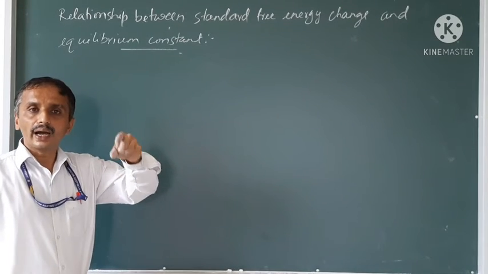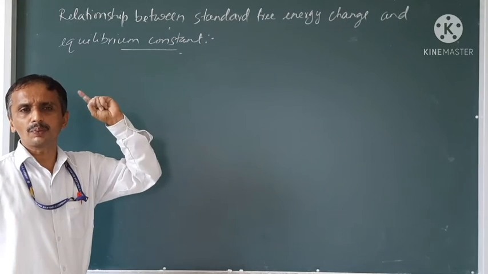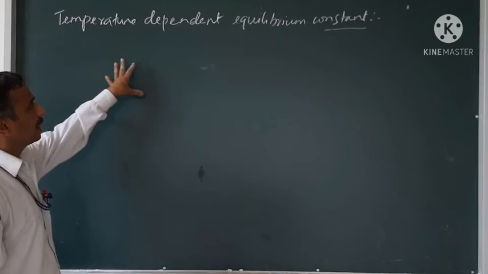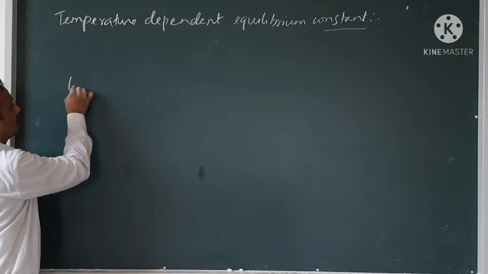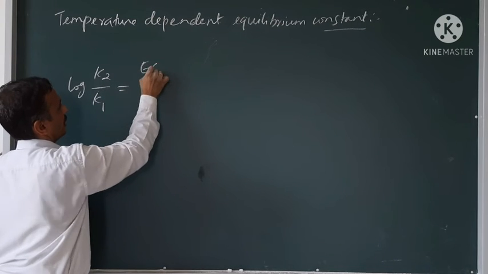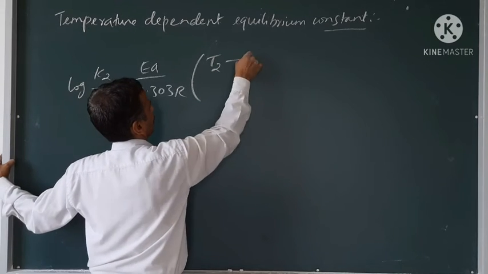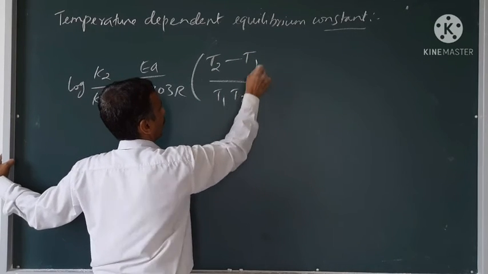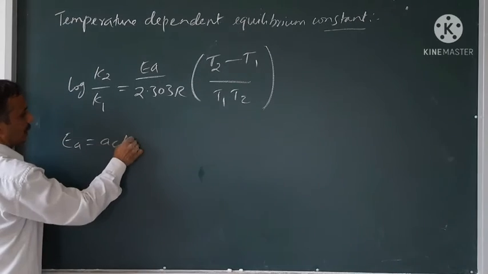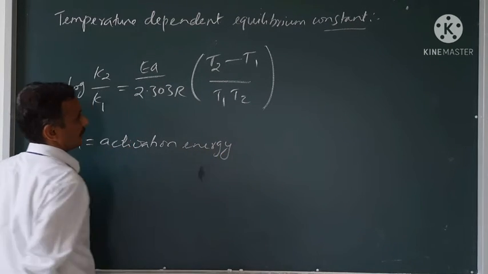See, at two different temperatures, the equilibrium constant will be different, because the equilibrium constant is affected by temperature. So the temperature dependent equilibrium constant relation is given by log K2 by K1 is equal to EA by 2.303 R into (T2 minus T1) divided by T1 T2, where EA is the activation energy.